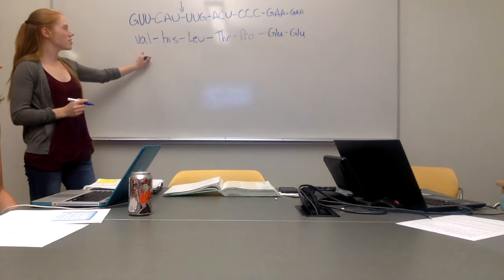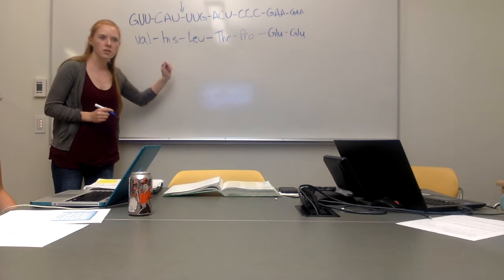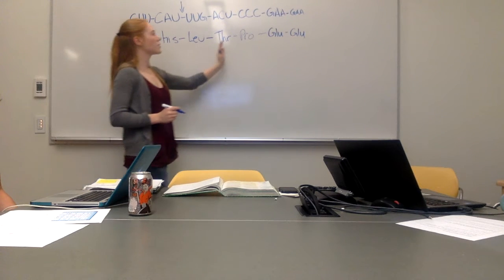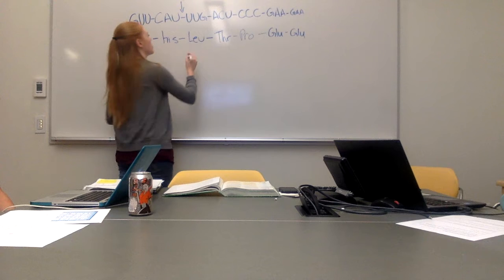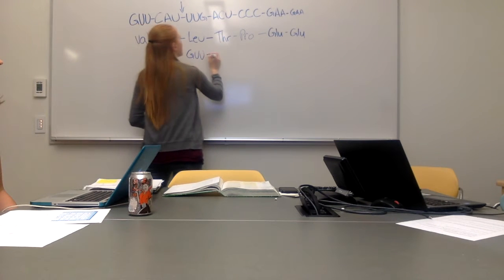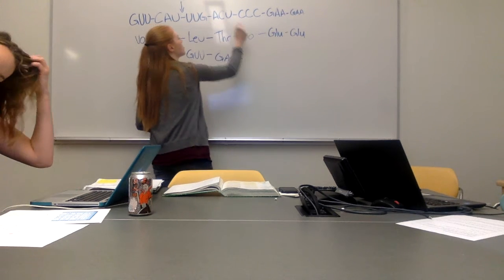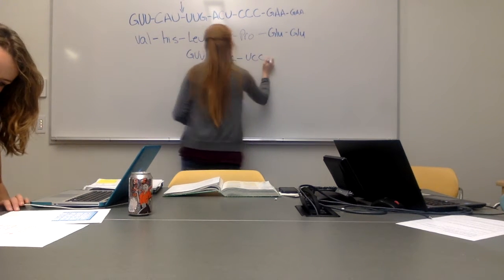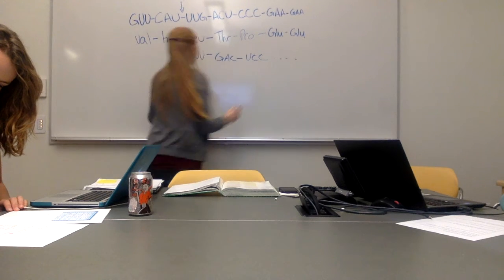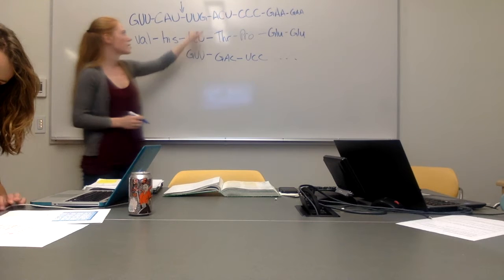And so are these two amino acids, are they going to be affected at all? No. No, but everything after is going to be affected, right? Because it's all going to shift over. So we have GUU and then GAC, right? It just continues over UCC, etc. So is this amino acid here, GUU, the same as UUG?